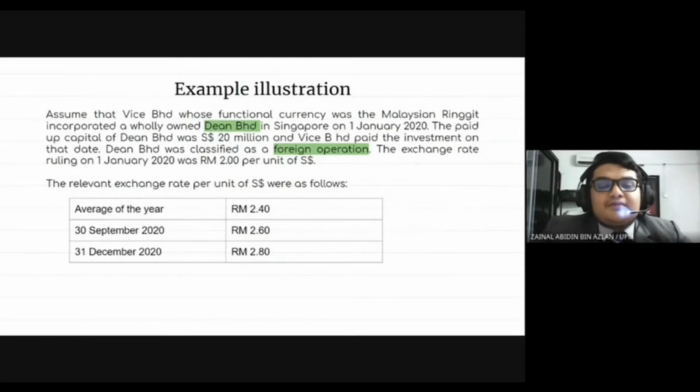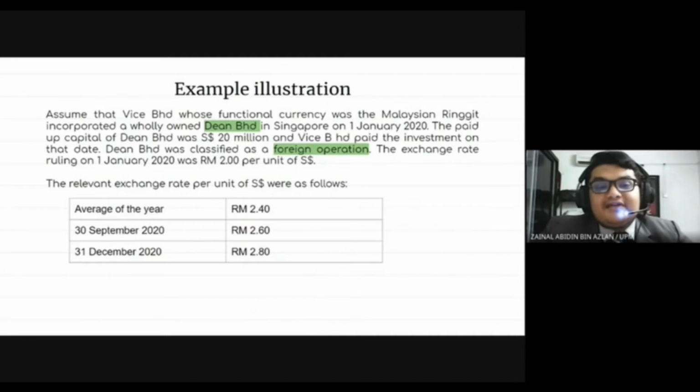The paid-up capital of Din Berhad was Singapore dollar 20 million, and Faiz Berhad paid the investment on that date. Din Berhad was classified as a foreign operation. The exchange rate ruling on 1 January 2020 was RM2 per unit of Singapore dollar.